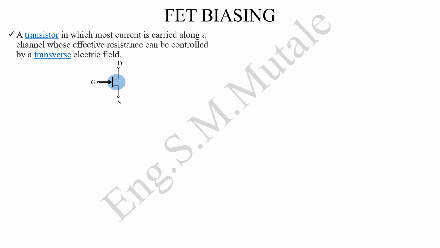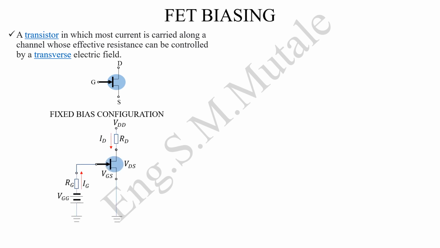For the biasing in this presentation, we'll start with the fixed bias configuration. The circuit looks like this. It has the excitation VDD, and another voltage exciting the gate, which is VGG. VGG is connected to the gate, VDD is connected to the drain.